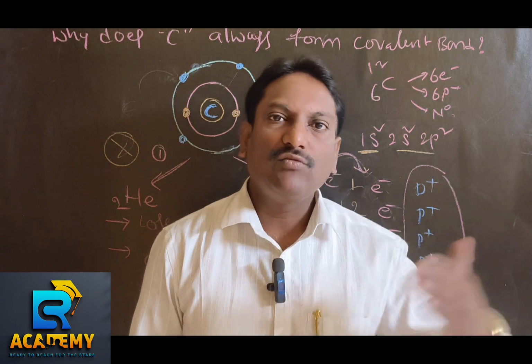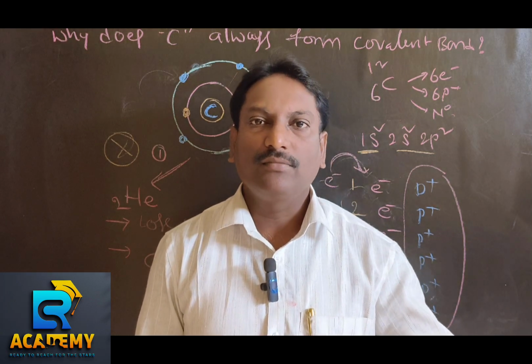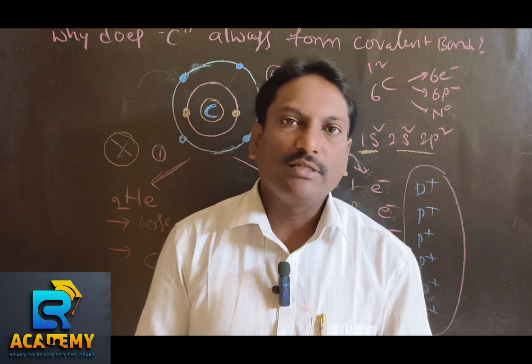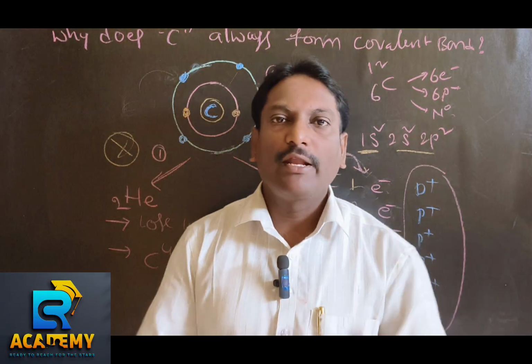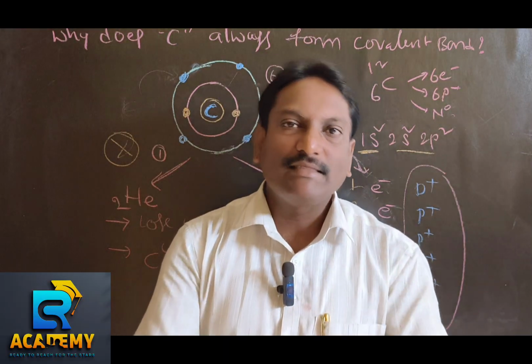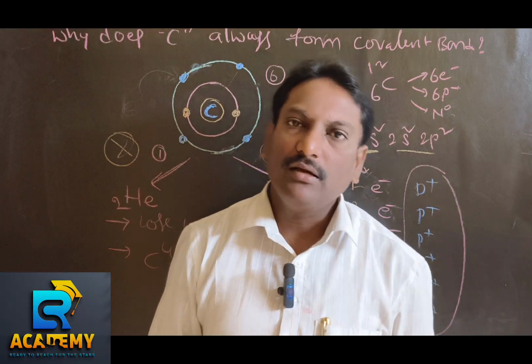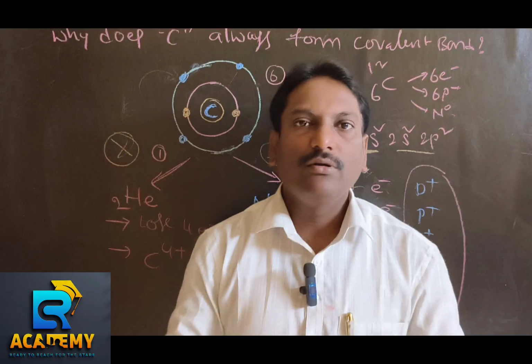Next, if it wants to attain neon configuration, it should gain 4 electrons from others. Here the protons present in the nucleus of carbon raise their voice: we are unable to hold excess electrons, so don't accept electrons from others. So that option is also rejected by carbon.